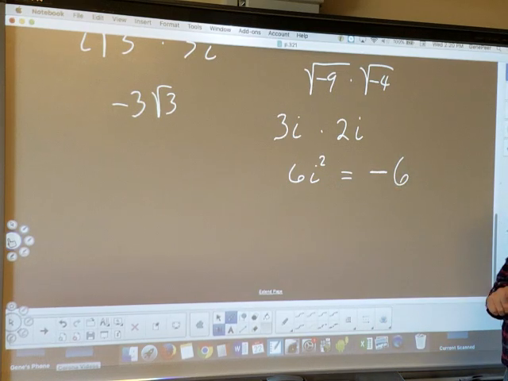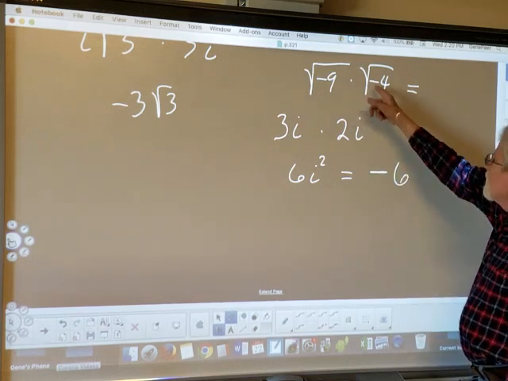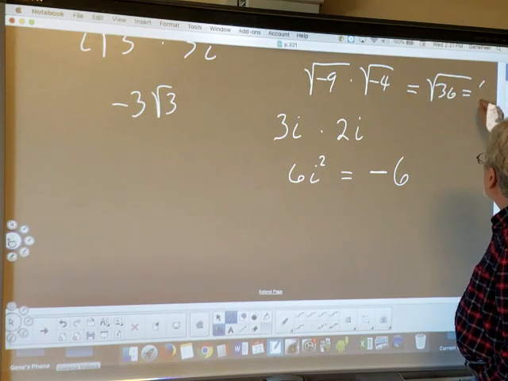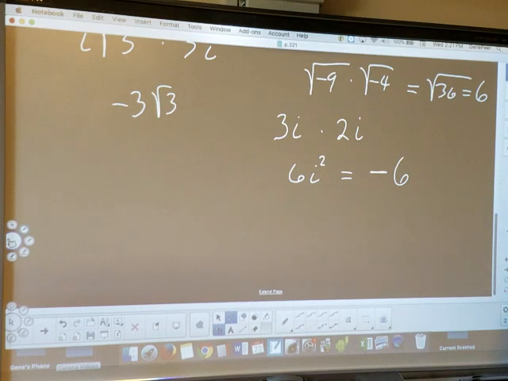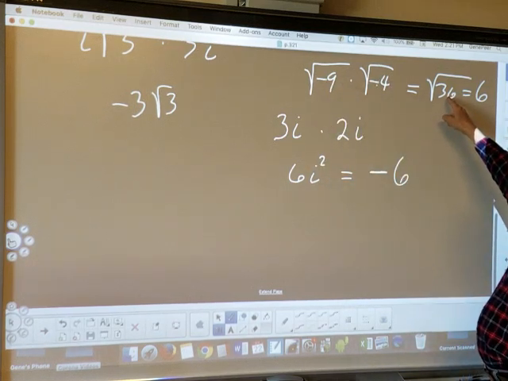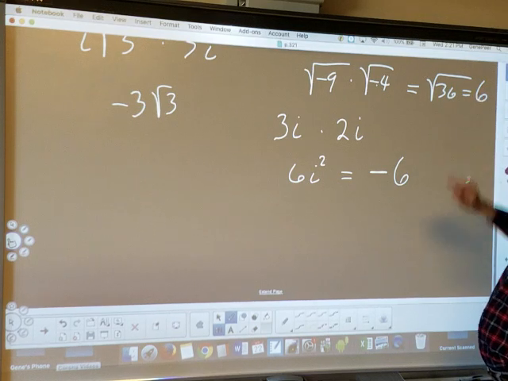But what if I messed up? What if back here I said, oh, I know how to multiply radicals. You just multiply the inside, you get square root of positive 36, which is 6. Well, I'm afraid that's wrong. If you leave the negatives in there and multiply and then take the square root, you get the wrong answer. It's not 6.